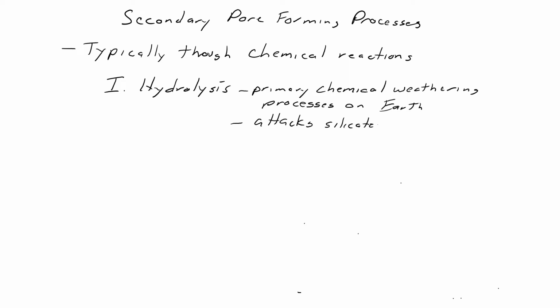And silicates are the most common rock-forming minerals that we have on this planet. So let's basically go back and review silicates so that we can understand the process a little better.